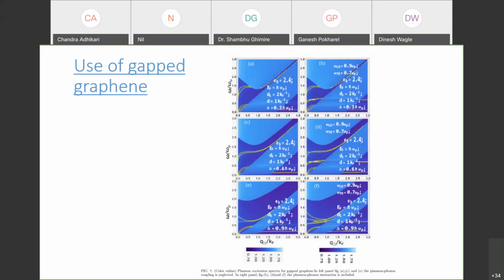And the effect of the plasmon-phonon coupling is the origination of a new plasmon mode pair in between the two pairs. One is acoustic and the other one is a near-optic hybrid optic mode.